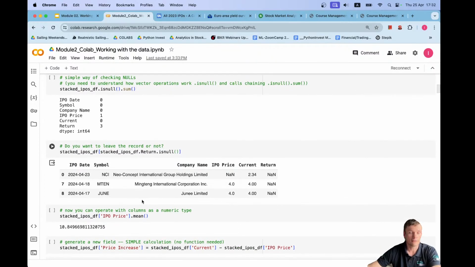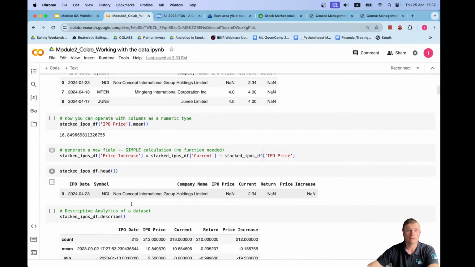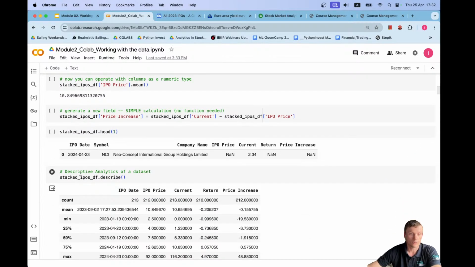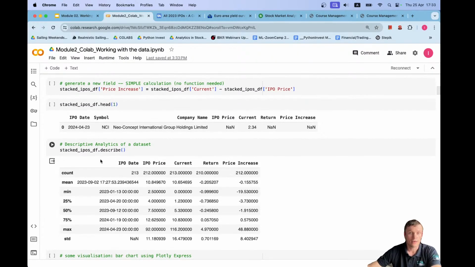But for all other stats which are not null, you can calculate some stats like average IPO price, that's $10.8.